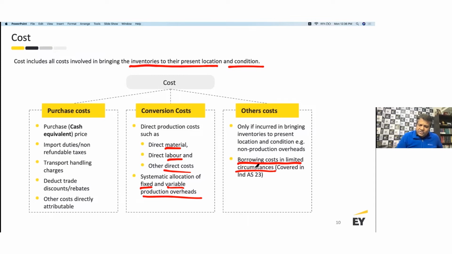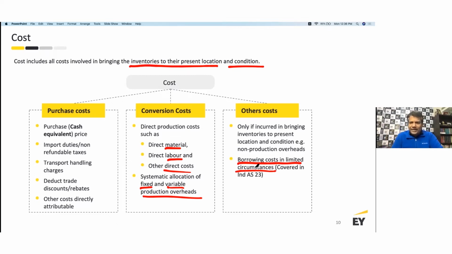Remember, for borrowing cost to be capitalized as part of inventory, it has to be a qualifying inventory, like a qualifying asset: inventory which takes a long period of time to manufacture. We see this in the beverage and liquor industry, where you need to store material for a long period before it comes to market.